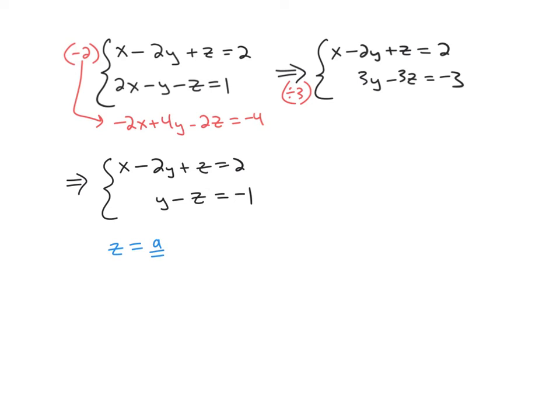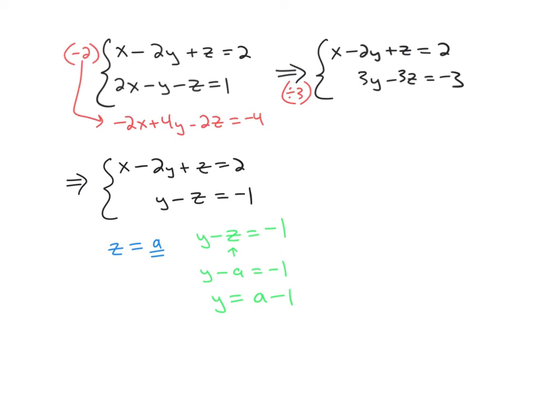So my second equation here was y minus z equals negative 1. Well, I'm going to put an a in here so that it's y minus a equals negative 1. And then I'm going to solve for y by adding a to both sides. If I add a to both sides, I get y equals a minus 1.